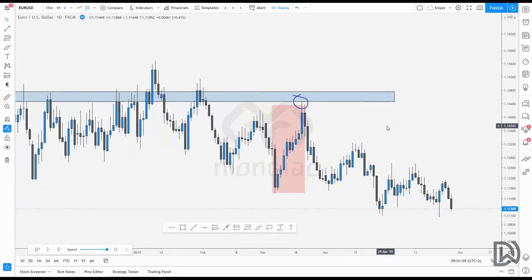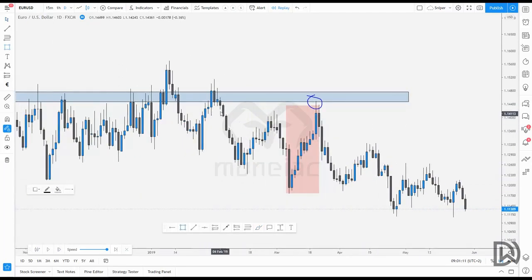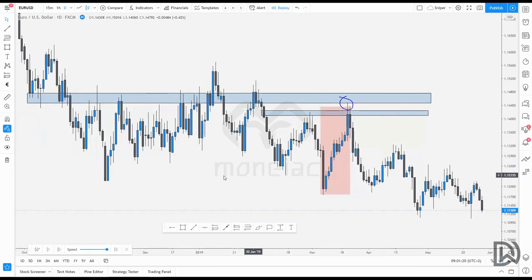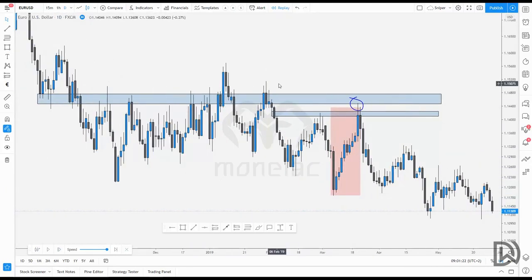We have something else here as well on the daily. There's different names for it, but just call it imbalance. I think that's what most people call it.